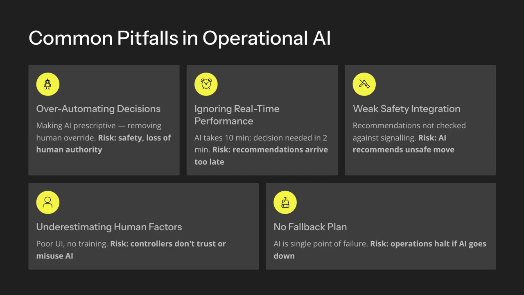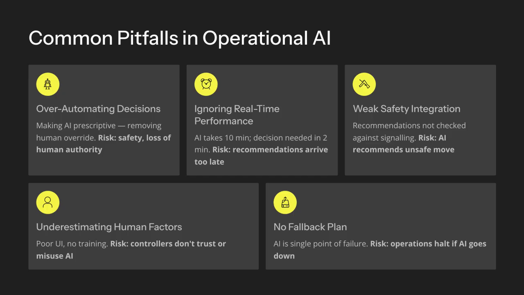That's not a decision support tool. That's a liability. The mitigation is absolute. Every AI recommendation must be validated against signaling and safety system logic before it is presented. Only feasible, safe moves appear on screen. The controller should never have to second guess whether a recommendation is physically possible. That check happens before they see it.